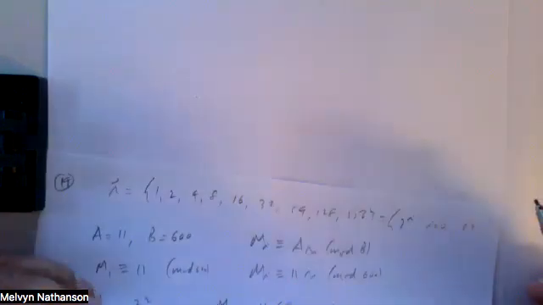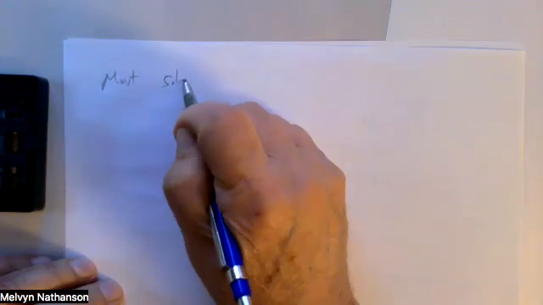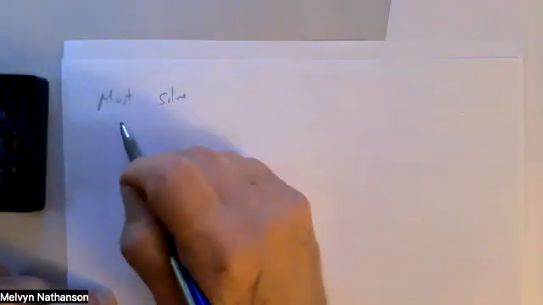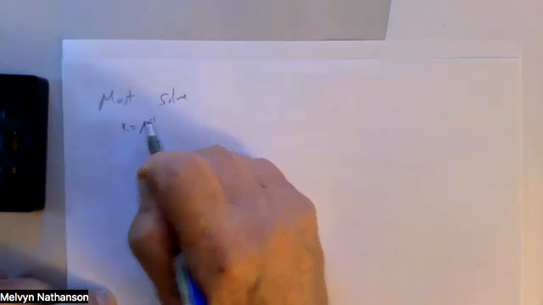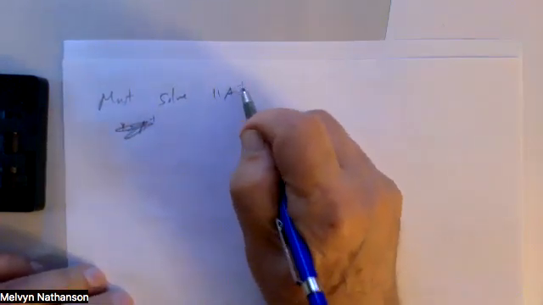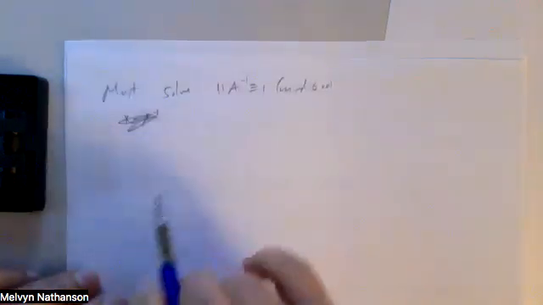So we must solve the congruence 11 A inverse congruent to 1 mod 600.